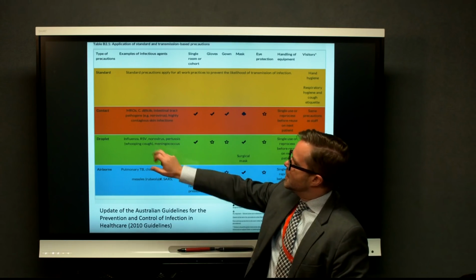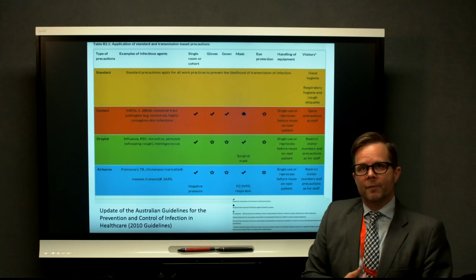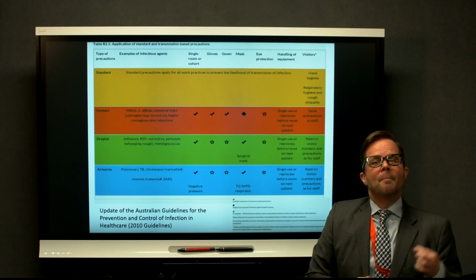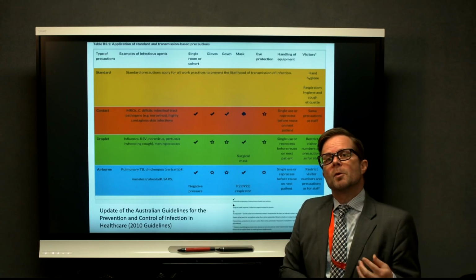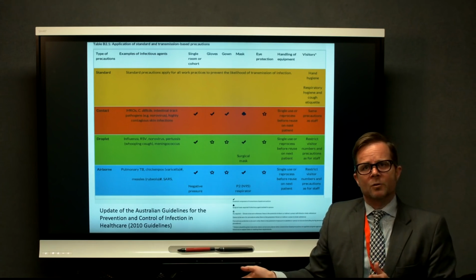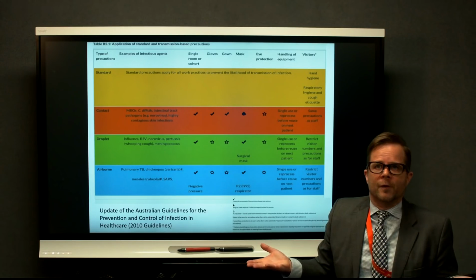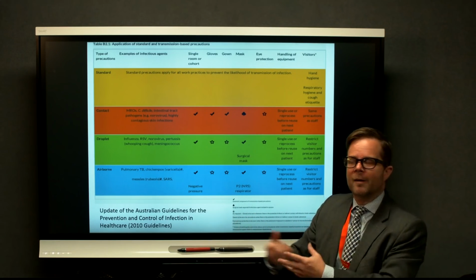Droplet infections such as influenza, so the flu virus, if someone is infectious with the flu, but they have to have dental treatment, so they're in dental pain, for example, then we might use transmission-based infection procedures. If they don't require dental treatment, why are they at the dental surgery with the flu? Okay, so we would say defer treatment until they have recovered.